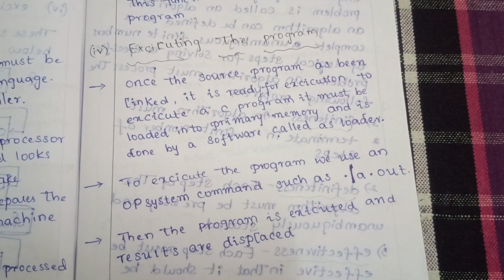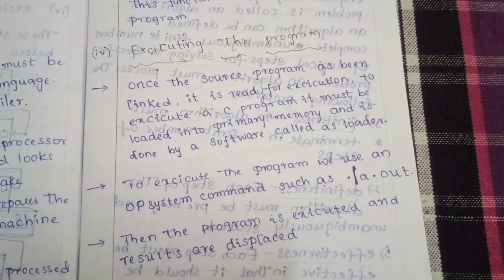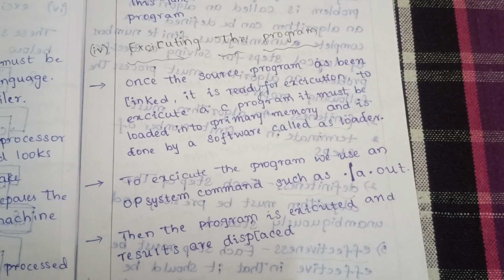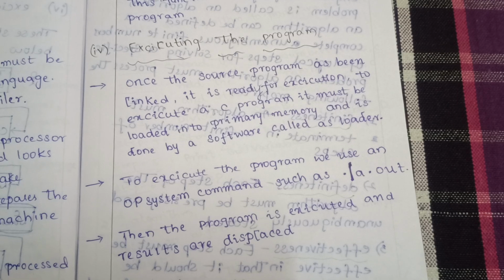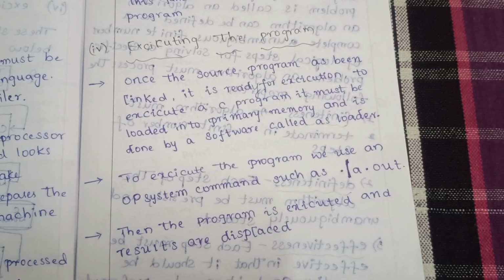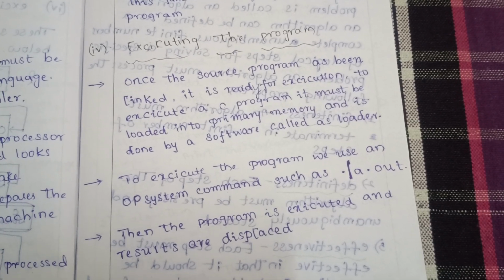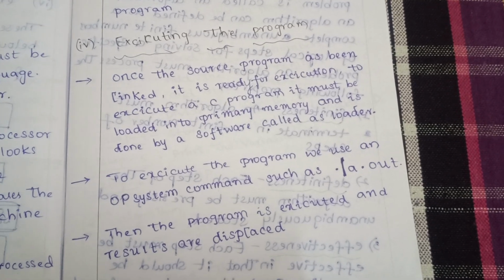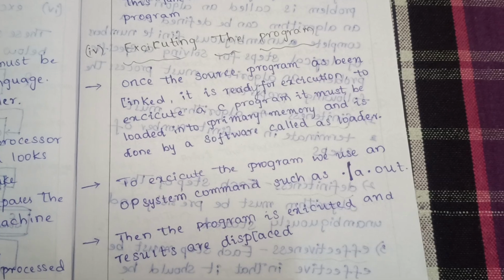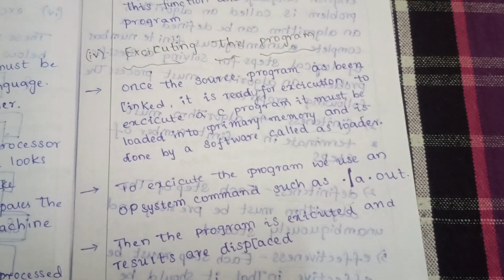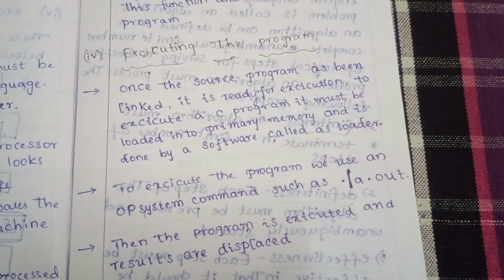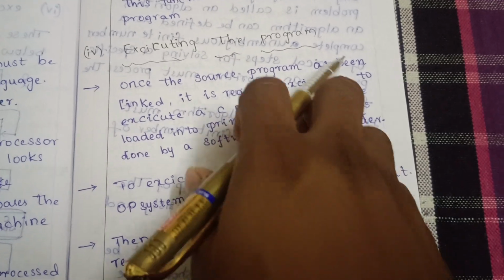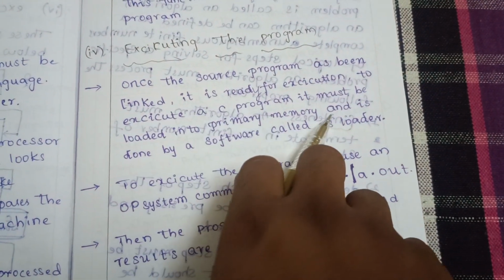To execute a C program, it must be loaded into primary memory. First the C program is stored on the hard disk, then it is loaded into primary memory. This is done by software called a loader. This entire work is done by the loader.